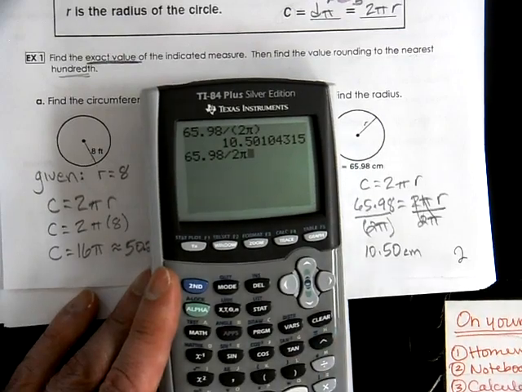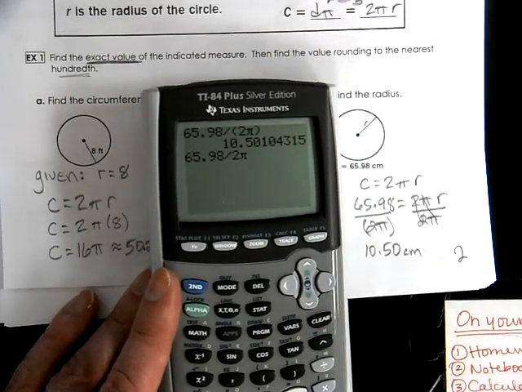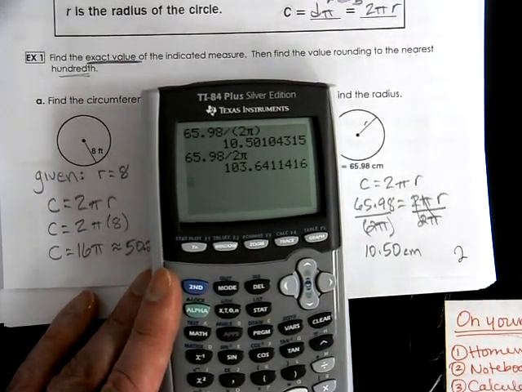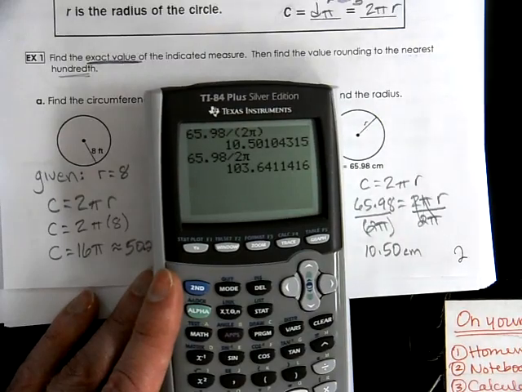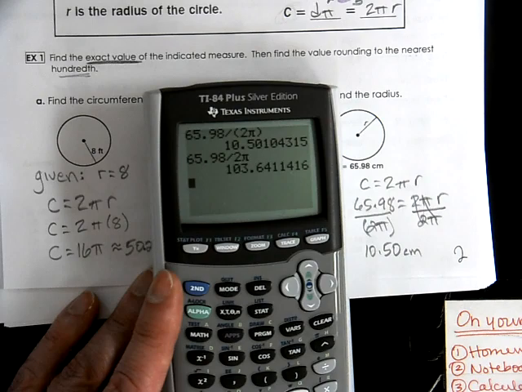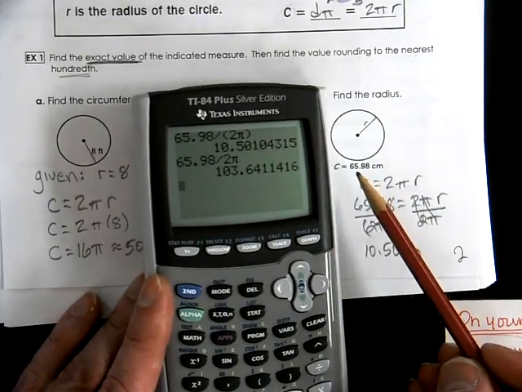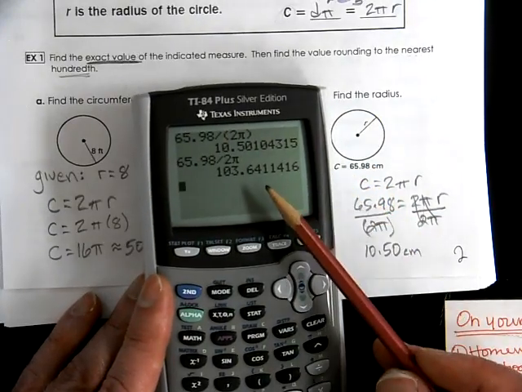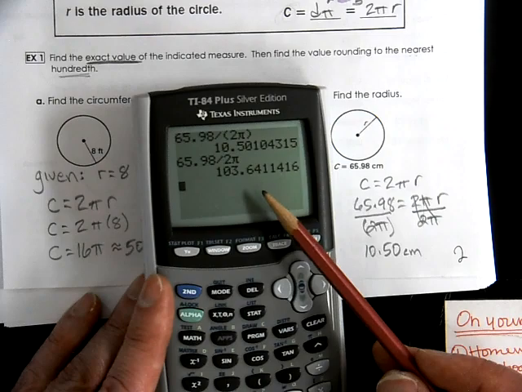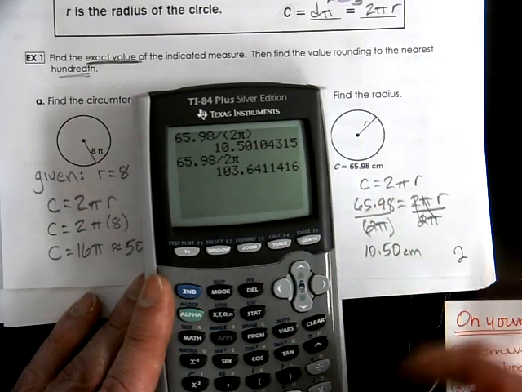This is a common mistake. If you don't use parentheses, you might get a completely different answer. And this would be an answer that's larger than the actual circumference that you're working with. That wouldn't make any sense.